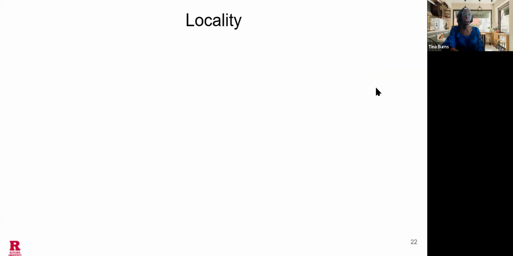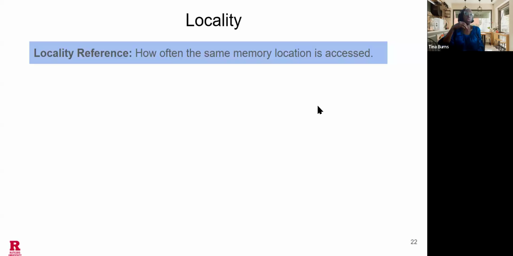So the first question is, what the heck is locality? Locality of reference is just how often you access the same memory address, when it is accessed, and whether the items surrounding it are also going to be accessed with the same frequency. And there's two things that we're going to talk about specifically today.